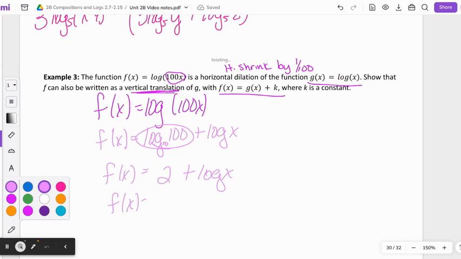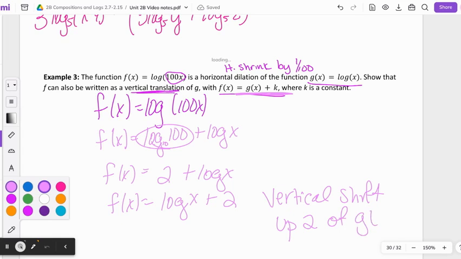So f of x, I'm just going to rearrange that, is log base 10 of x plus 2. So we've got it in this form. g of x is log of x, plus 2 would be the k. So really, this could be a vertical shift up 2 of g of x.